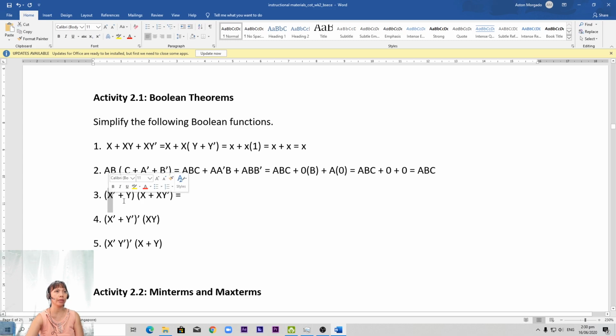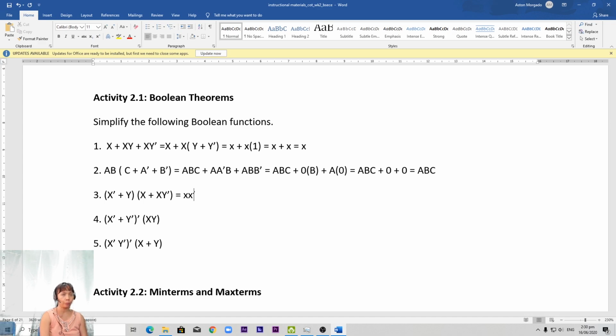We distribute x prime with x and xy prime, such that we have x prime x plus x prime x y prime. Next, we distribute y with x and xy prime, so we have plus xy plus xyy prime.